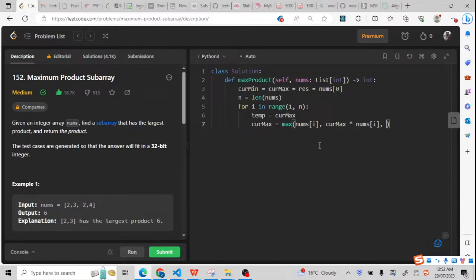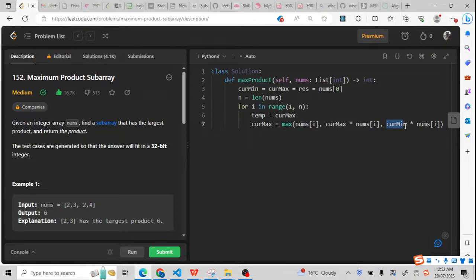It's just a state. We need to compare with all of them. So the current minimum should also times nums[i], because we are not sure which one is the biggest. It may be this one, or maybe current max times nums[i]. Maybe this is a positive max number. This is also a positive. It can be the biggest.